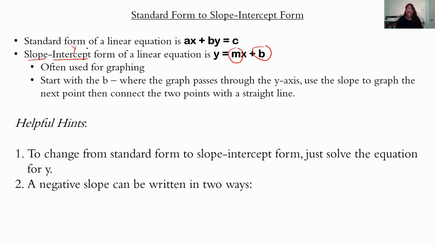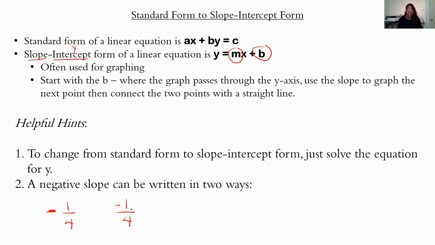Now, one thing I definitely want you to be aware of is when you come across a negative slope. So negative slopes can be written out in 2 ways. So let's say I have negative 1/4, okay? So when I write negative 1/4, it could be written out like this, with just the negative on the outside. And sometimes you're not sure where you should put the negative.